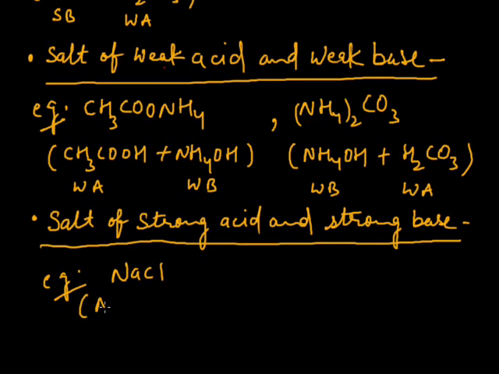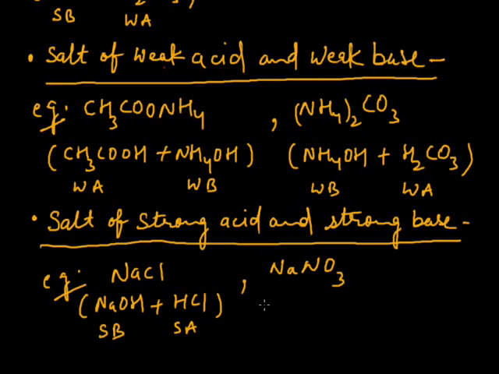It is formed when NaOH, a strong base, combines with HCl, a strong acid. Another example, NaNO3. It is formed when NaOH, a strong base, combines with HNO3, a strong acid. Now some important formulae related to salt hydrolysis.